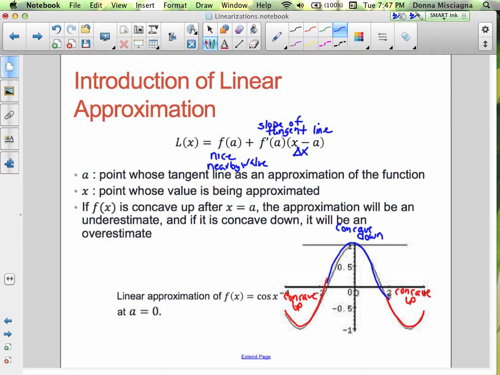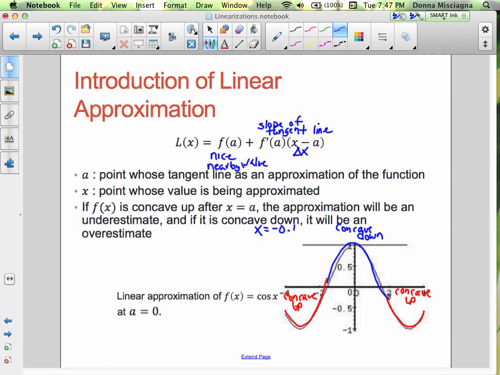All right, so let's use our graph here to approximate, estimate some values. Let's approximate the value x equals negative 0.1.